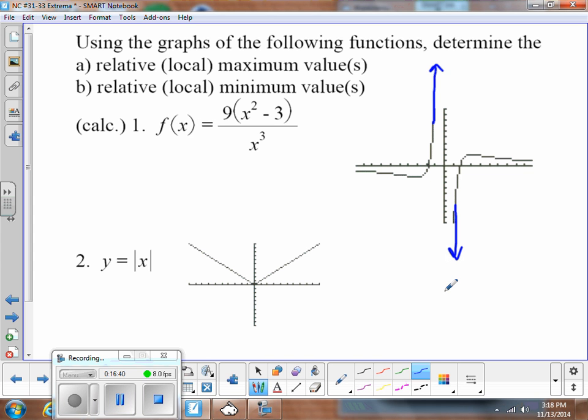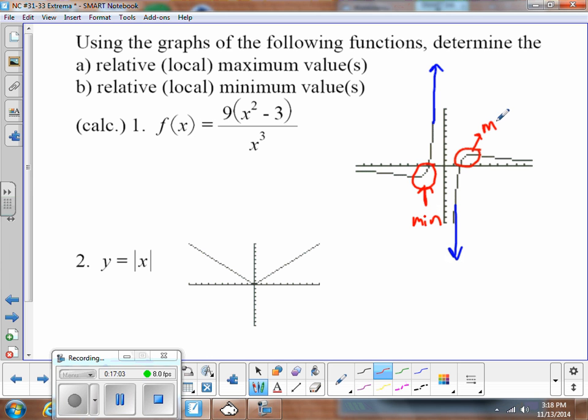Therefore, there's no absolute max or absolute min here. However, there are relative ones. This area right here contains a relative minimum. This area right here contains a relative maximum.